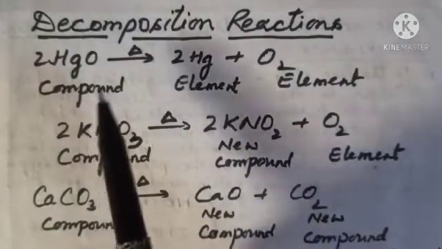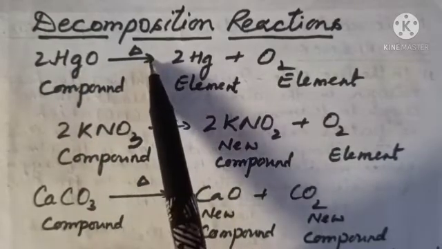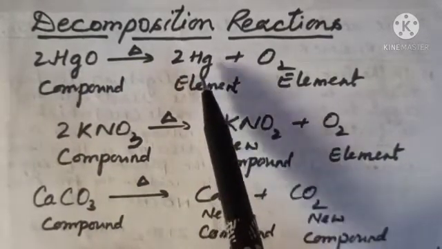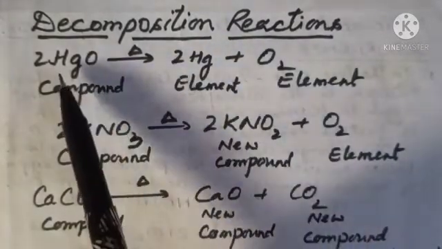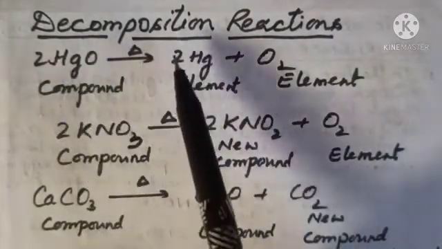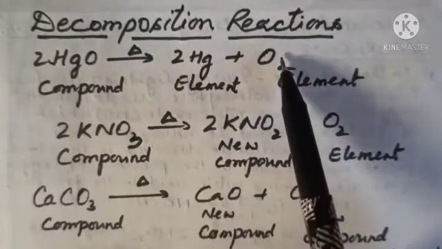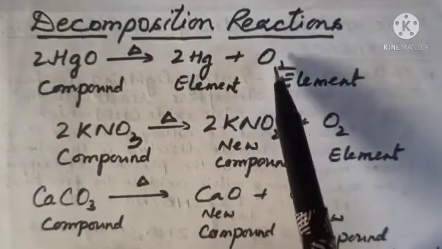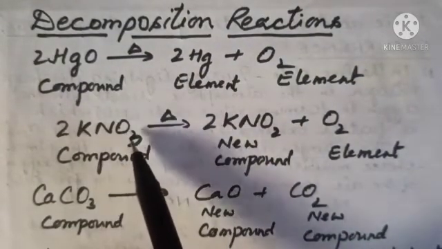Let's take some examples of decomposition reactions. Mercury oxide, HgO, on heating gives mercury, an element, and oxygen, another element. Means one compound decomposes on heating and gives two elements. Next, potassium nitrate is a compound.